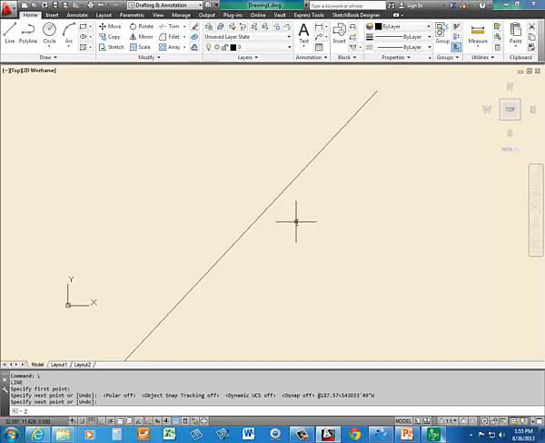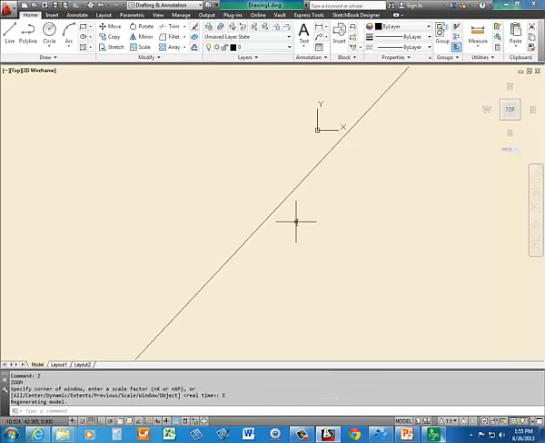And so I'll do a zoom extents. And so there's my bearing line for my first piece of property, with north going in the Y direction, okay? And then your east is in the X direction.